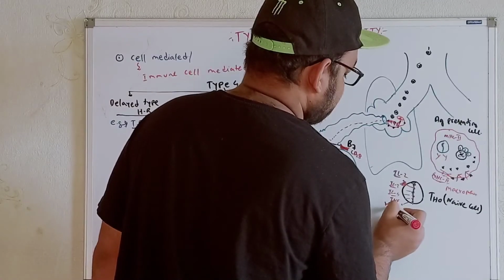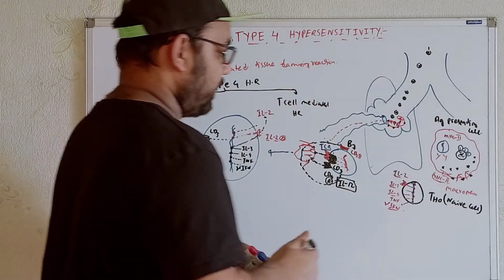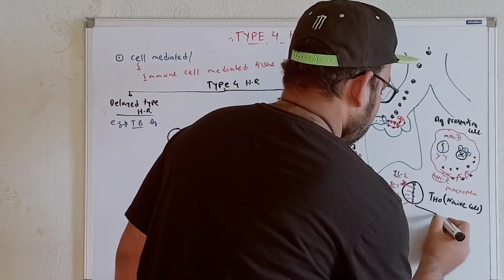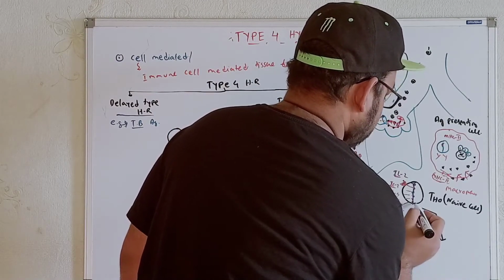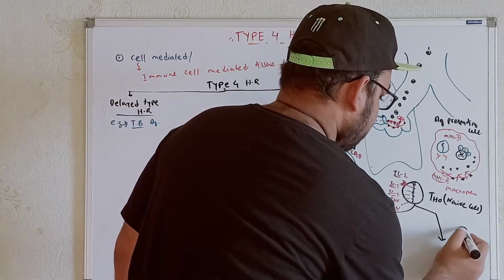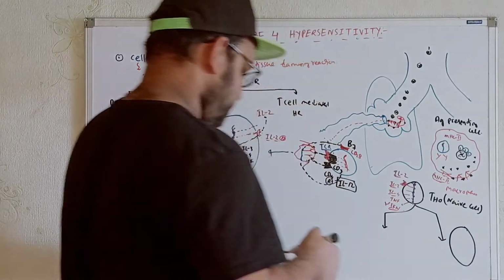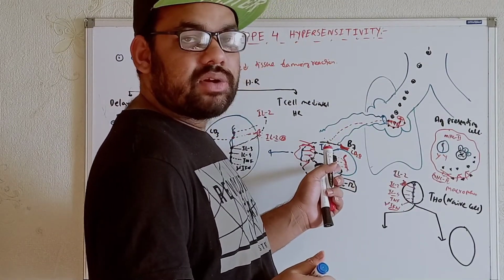Gamma interferon. Now, let's draw it over here, guys. If we see within the T cells, the T cells get activated by the presence of interleukin 12 that is produced by the macrophage.